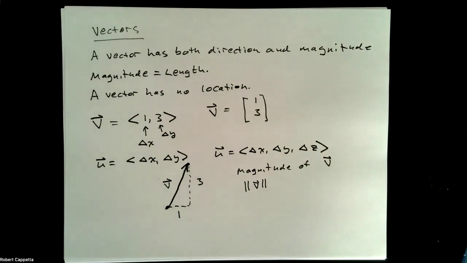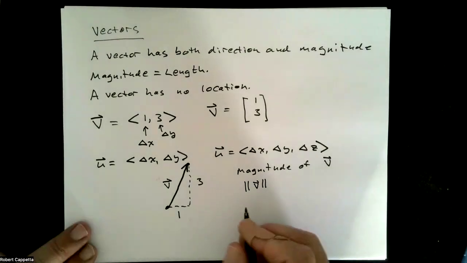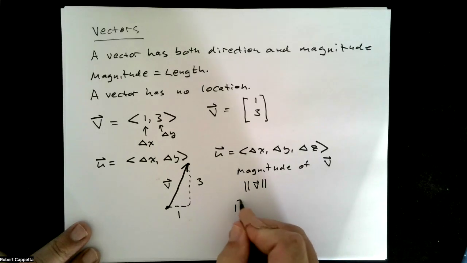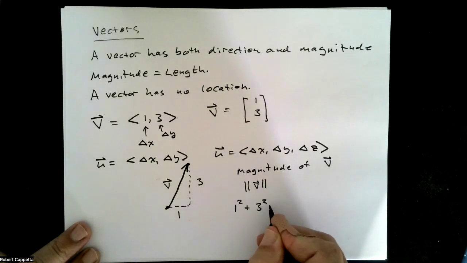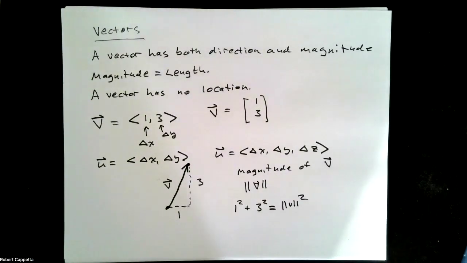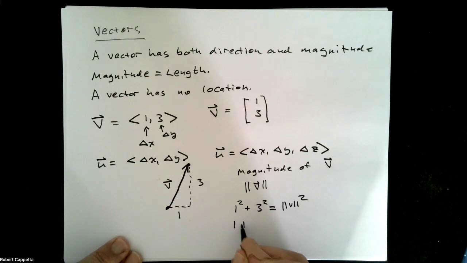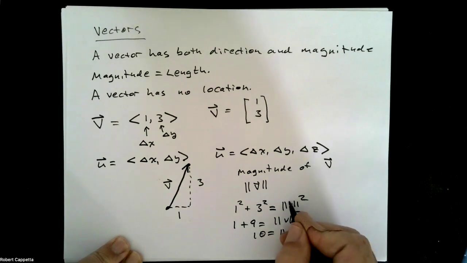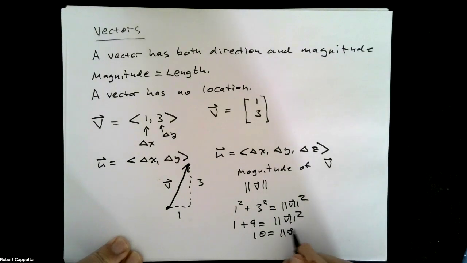So looking at this, we can see that a squared plus b squared equals c squared, or in this case, 1 squared plus 3 squared equals the length of v squared. So we get 1 plus 9 equals the length of v squared. 10 is the length of v squared.